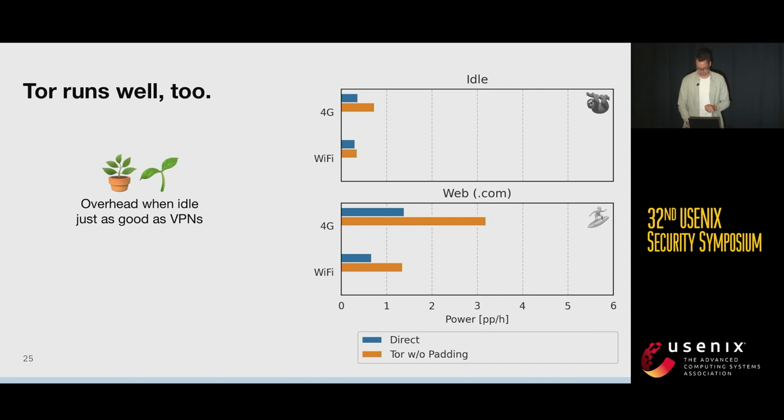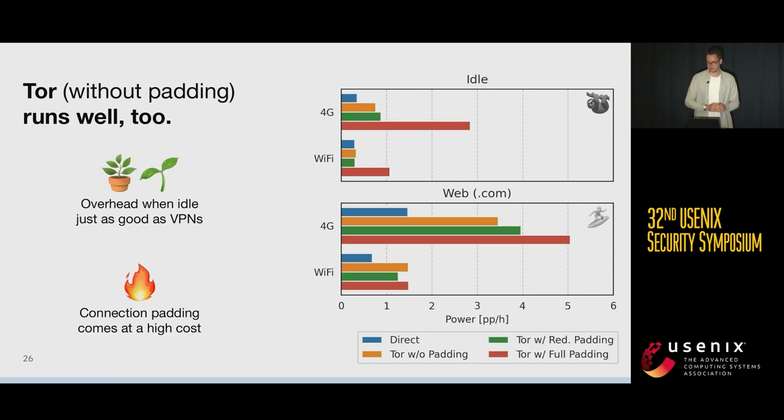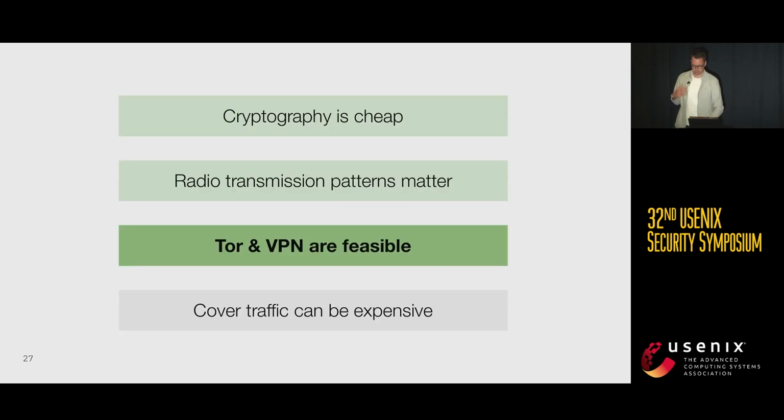However, Tor also has a feature called connection padding, where the guard nodes and the client send some packets to keep the connection alive and make it a bit harder to determine when it starts and stops, and that comes with some significant overhead. Overall, we think both are feasible, and we pick this up later when we talk about our general validation study.